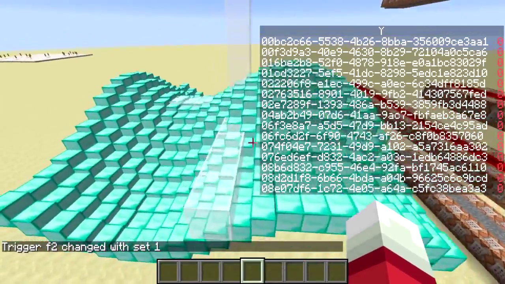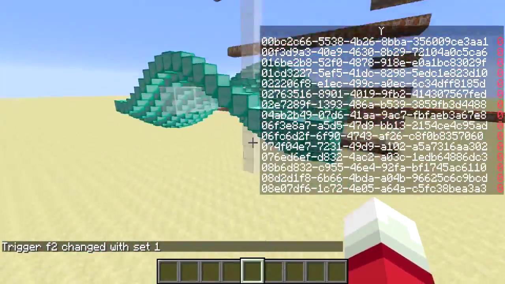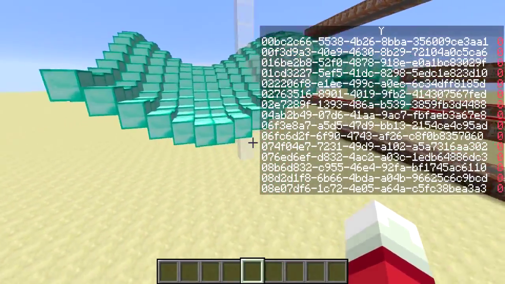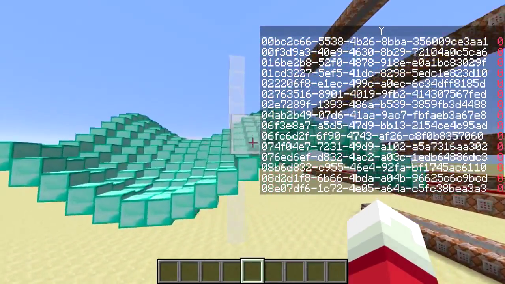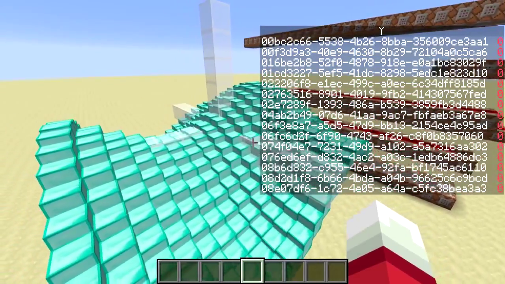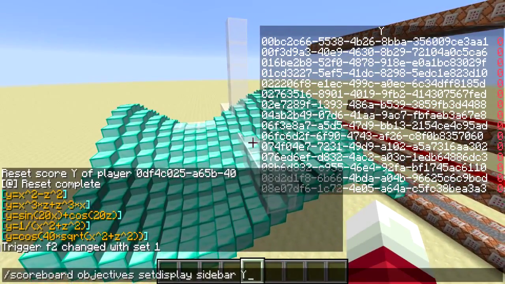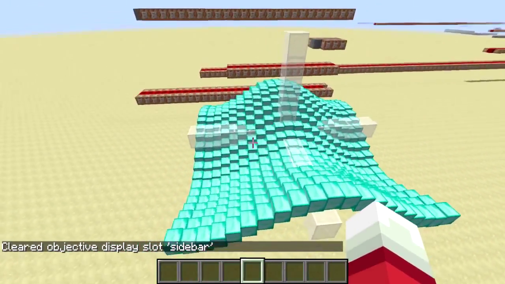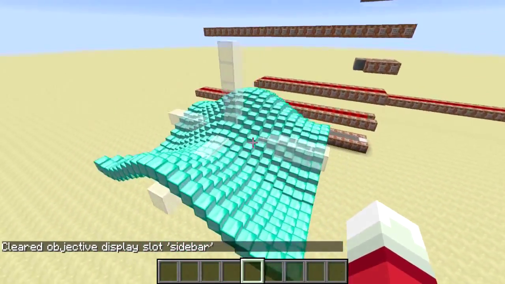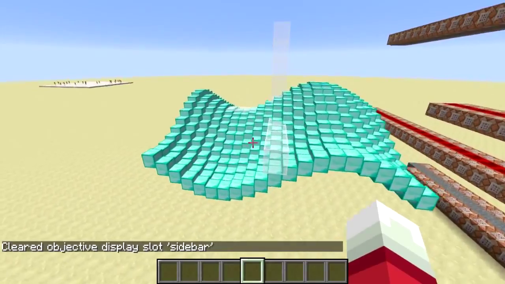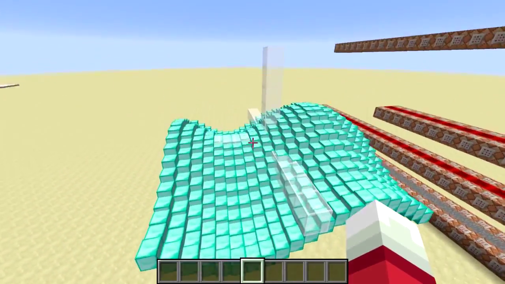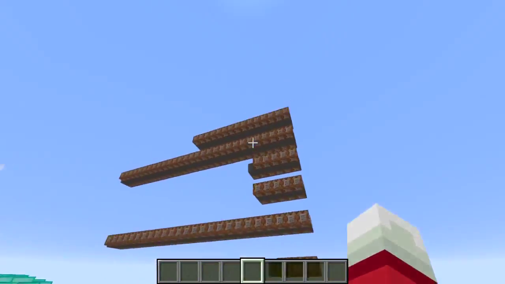Oh right, actually, as part of the drawing procedure, the Y values all get set to 0 as it tweaks the blocks into the right place. It subtracts values from the Y score. So that's why the Y scores are all 0. But anyway, okay, that wasn't a really good demonstration, but you get the idea. It places the armor stands according to their Y value, and that's pretty much how it works.